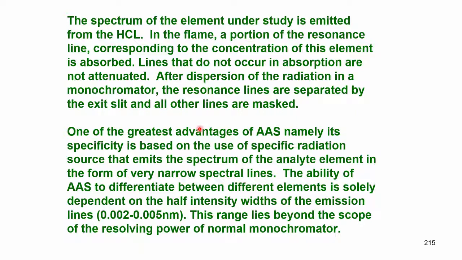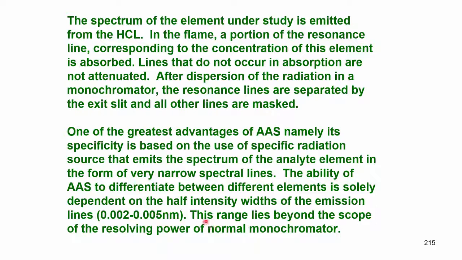The ability of atomic absorption to differentiate between different elements is solely dependent on the half intensity width of the emission lines. Ability of atomic absorption, I am showing you here, to differentiate between different elements is dependent on the half intensity widths of other emission lines which are close to this range.